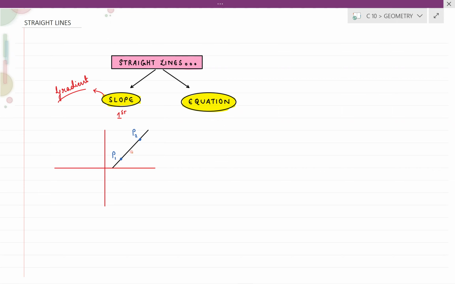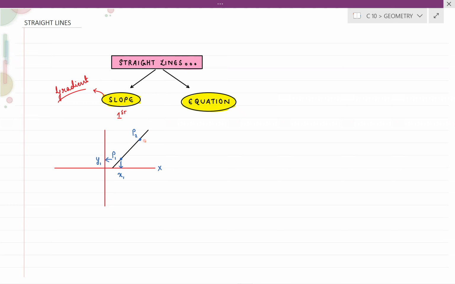Now if we drop a perpendicular line on the x-axis, this is x-axis, let the coordinate be x1. If we drop perpendicular on y-axis, let the coordinate be y1 for point number 1.